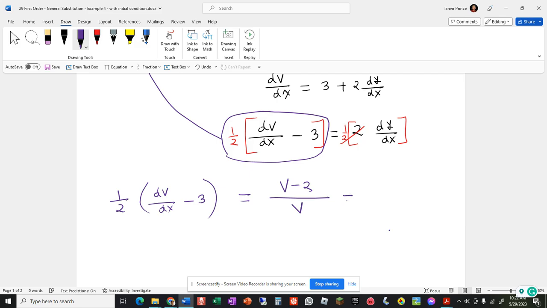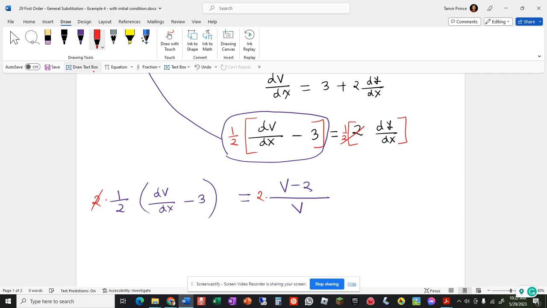which I can rewrite as, if you distribute that, that's actually just 1 minus 2 over v. Perhaps I can leave it like this. Actually, don't do that, because this will be separable at the end of the day, I believe. So here, let's multiply both sides by 2 to get rid of that 2, right?